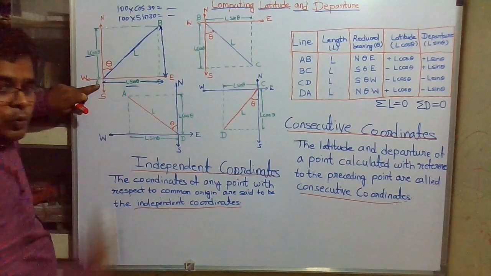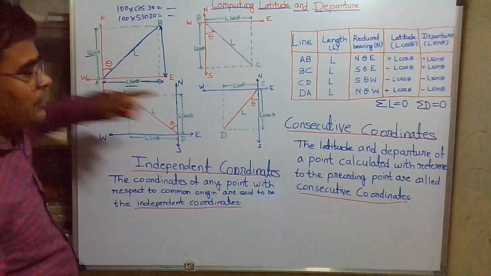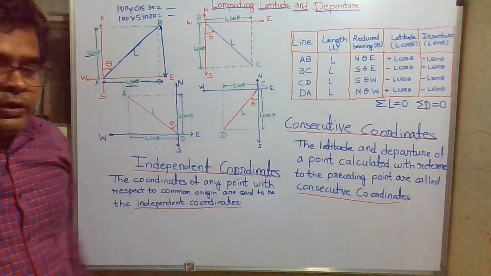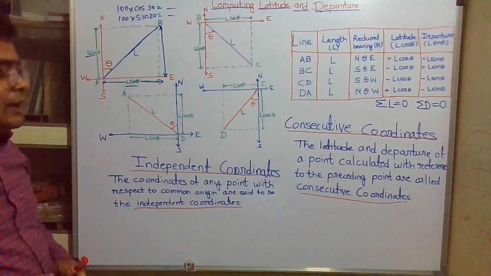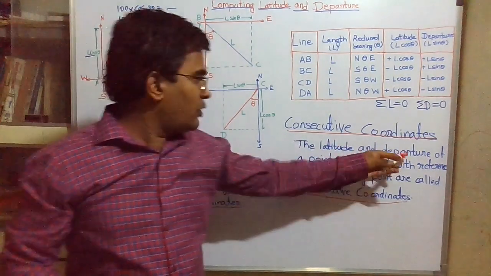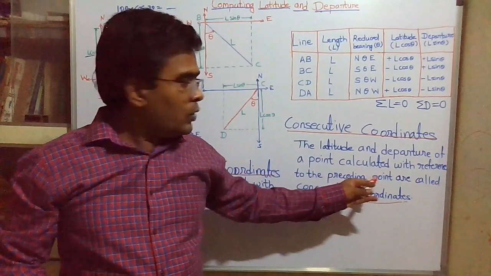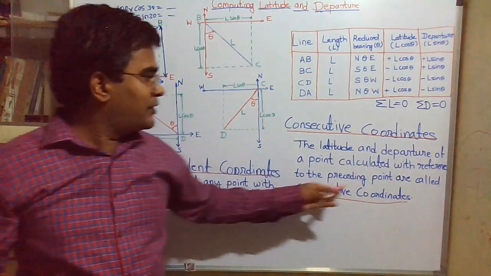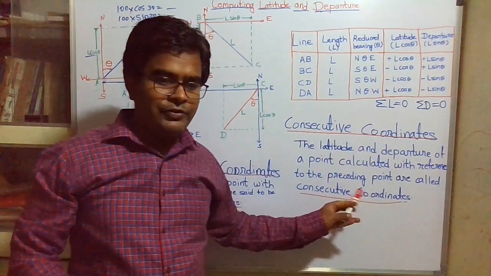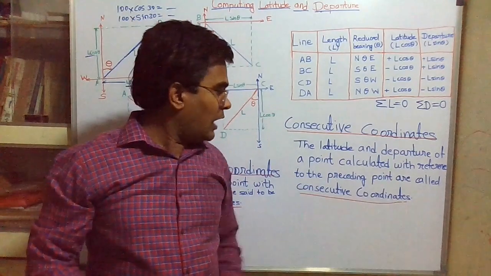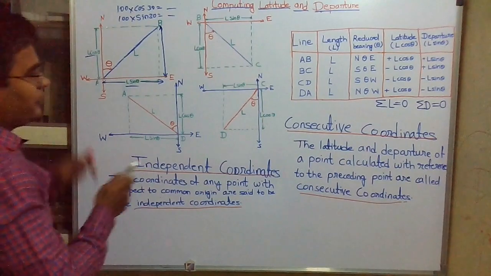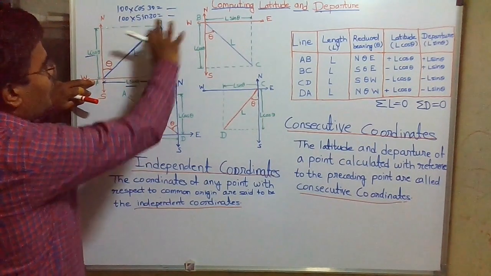Okay, so what is the consecutive coordinate here? The next term is consecutive coordinate. What is the definition of consecutive coordinate? The latitude and departure of a point calculated with reference to the preceding point are called consecutive coordinates. Means this is point B; we are getting latitude, we are getting departure.